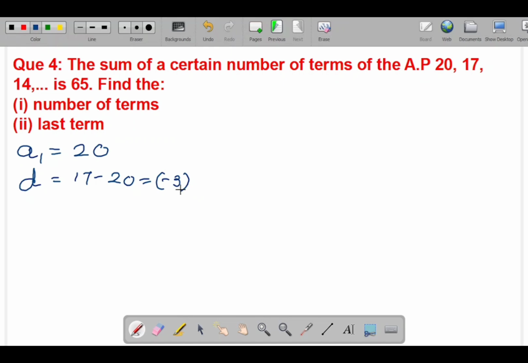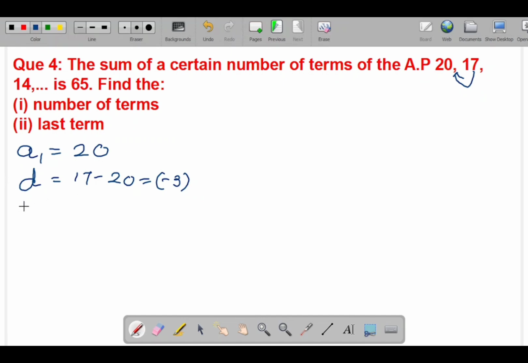You should always subtract a1 from a2, means the formula is a2 minus a1, right? So don't get confused there. Don't look at the bigger number, smaller number. It's not the concept. The concept is second term minus first term. The difference can be positive, negative, decimal, whatever. You need not worry about that.